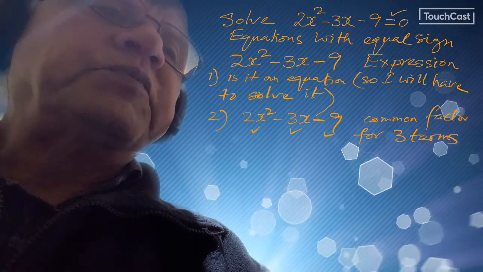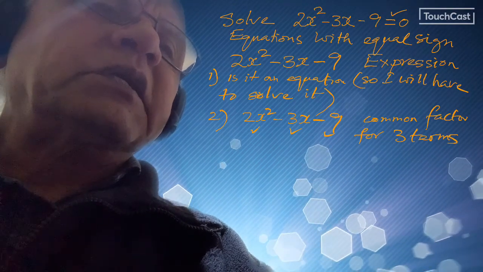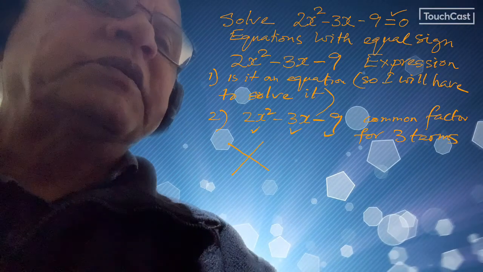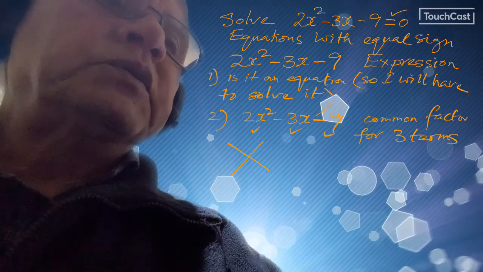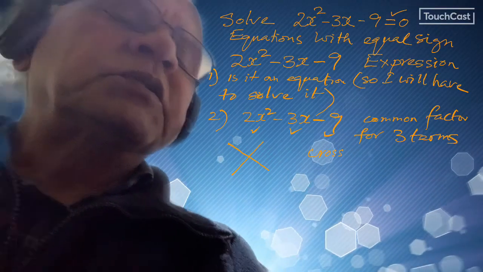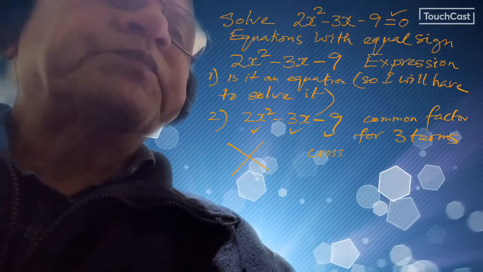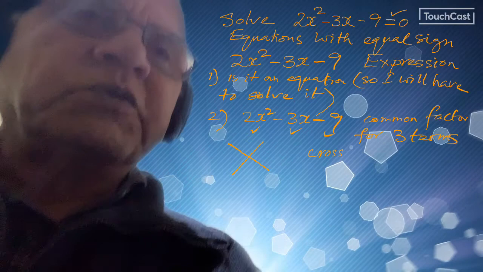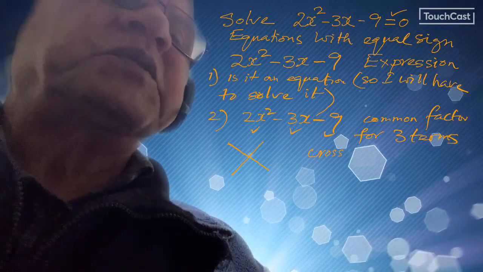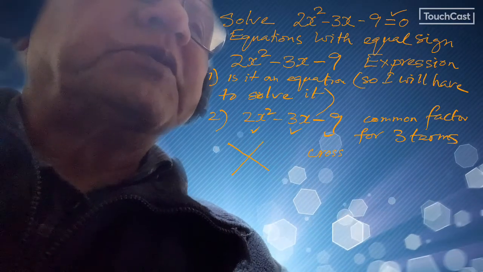So to factorize this, remember we introduced a cross kind of process. I don't know whether people call it a cross process, or I'm going to call it a cross process. Well, let's call it a cross process.